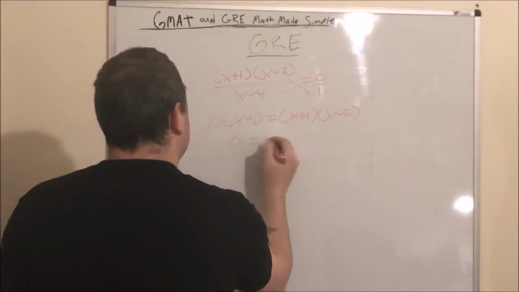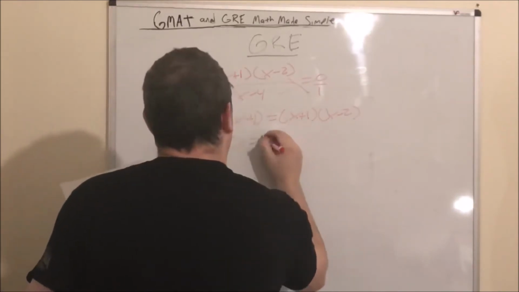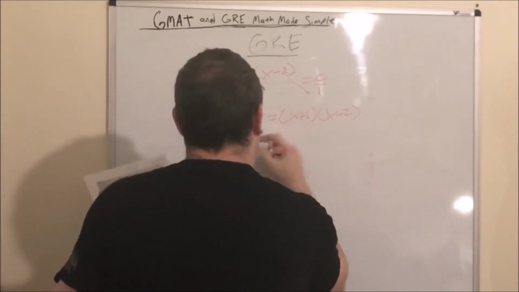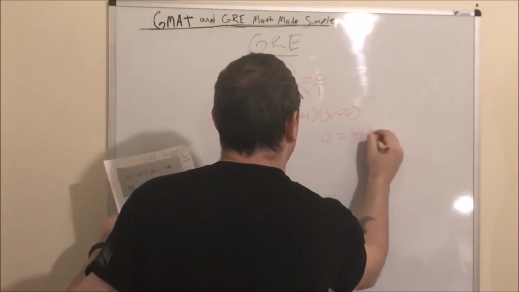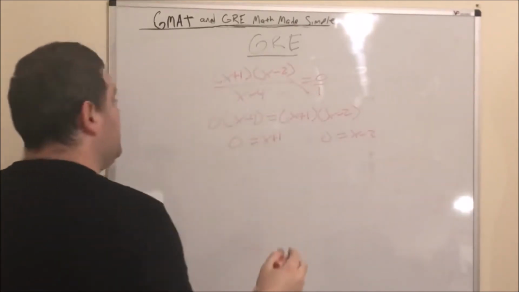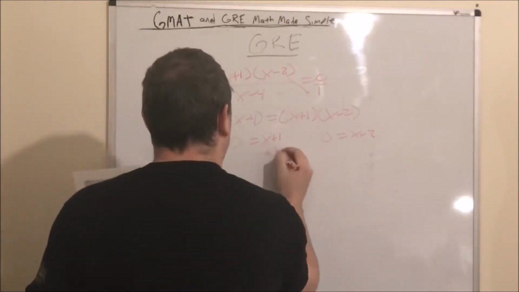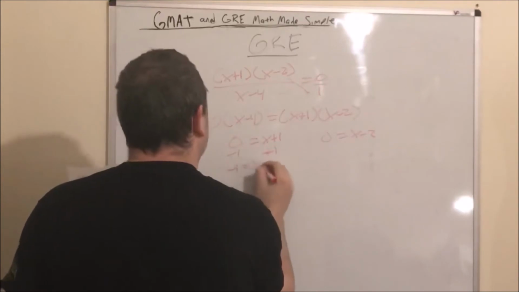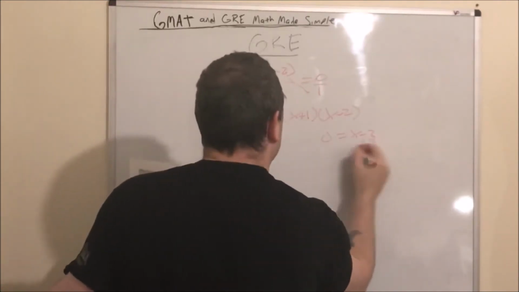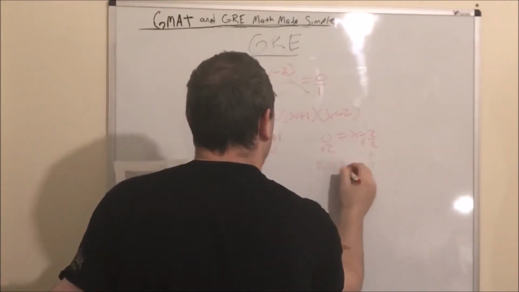And it equals x plus 1, and we can separate these ones since they're multiplication, and put 0 equals x minus 2. Okay? So just like we did before, we'll simplify this. We'll subtract 1, negative 1 equals x, and we'll add 2 to both sides, and 2 equals x.